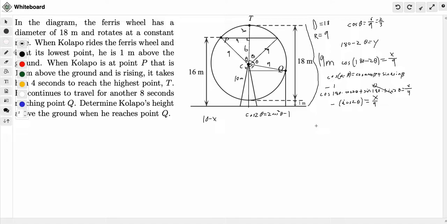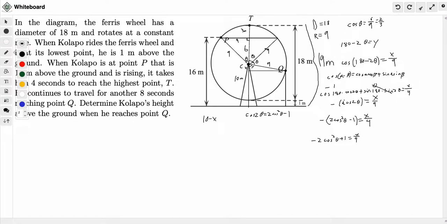If we use that here, we'll get minus, bracket, 2 cosine squared theta minus 1, equals x over 9. And if we simplify the bracket, minus 2 cosine squared theta plus 1 is equal to x over 9.